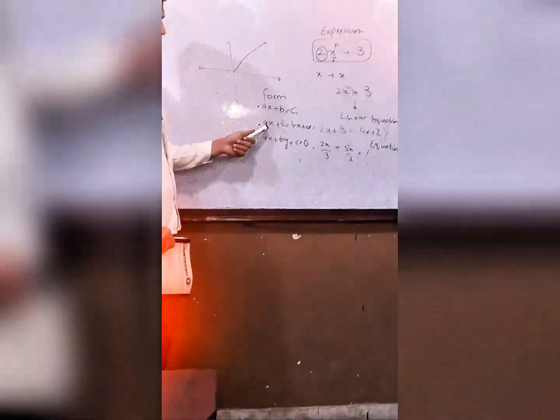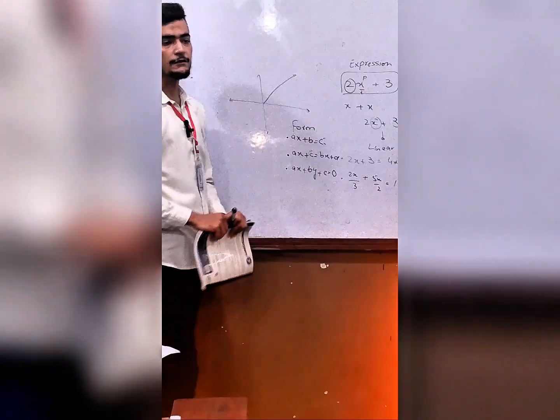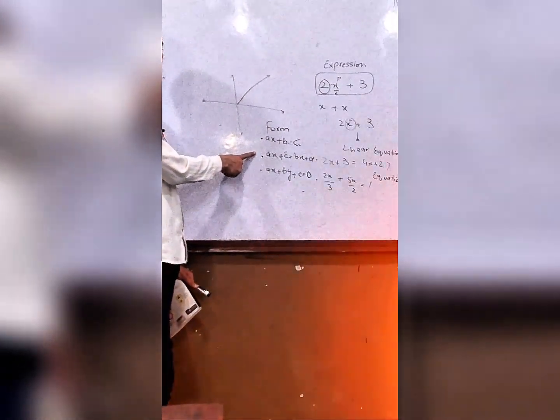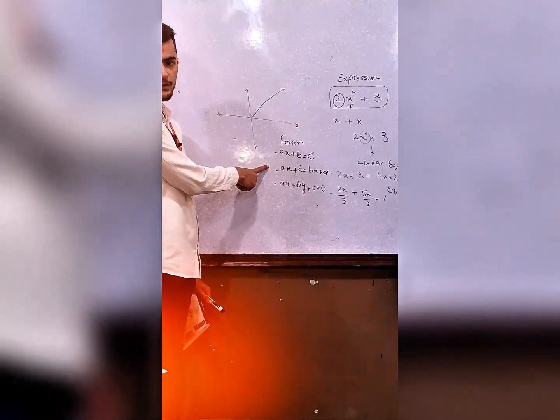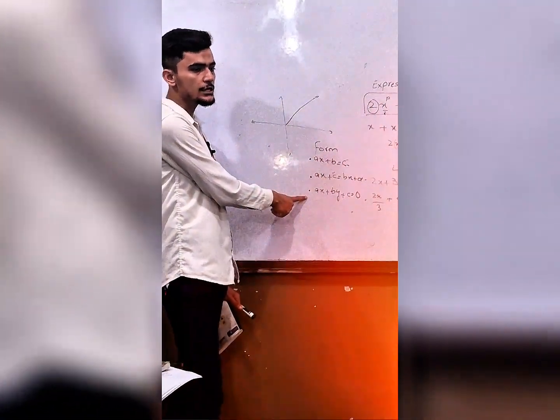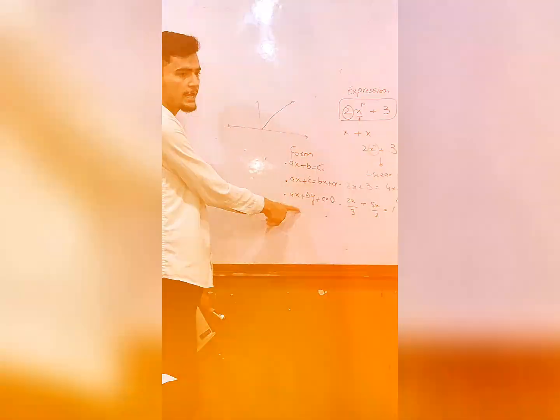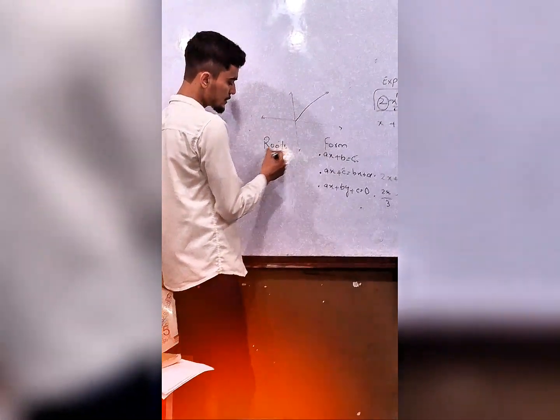The first two equations are called linear equations in one variable. You can see there is only one variable x. The third one is called a linear equation in two variables x and y.